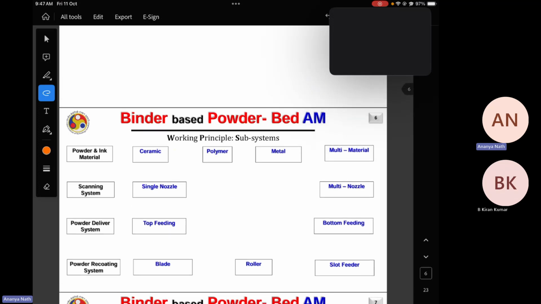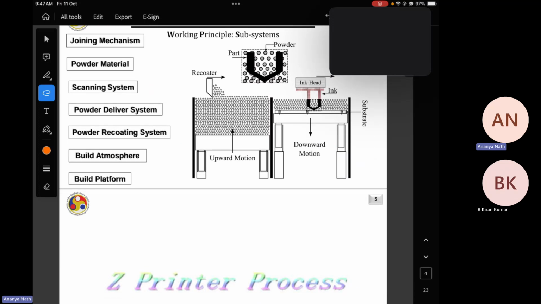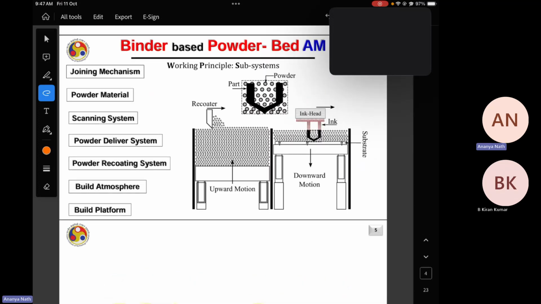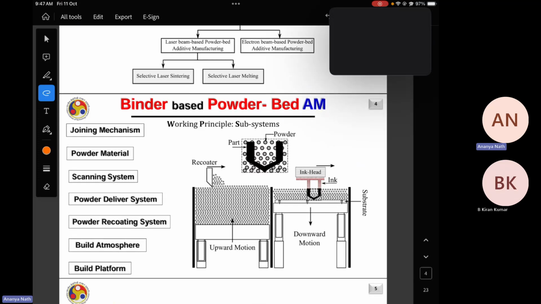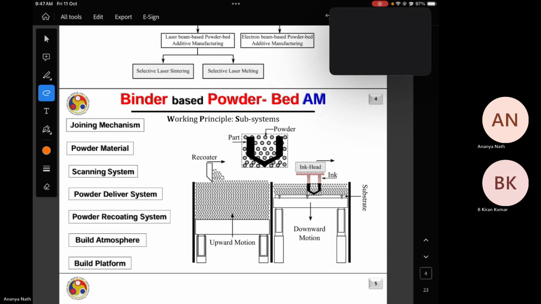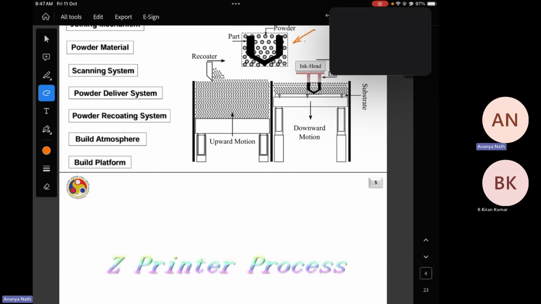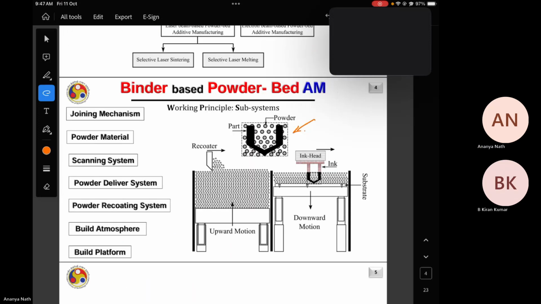So there can be multiple systems under this binder jetting, but the state of the art is binder jetting. If you see, this is the powder and this is the part. Basically, layer by layer, the binder is deposited, and your part is made.